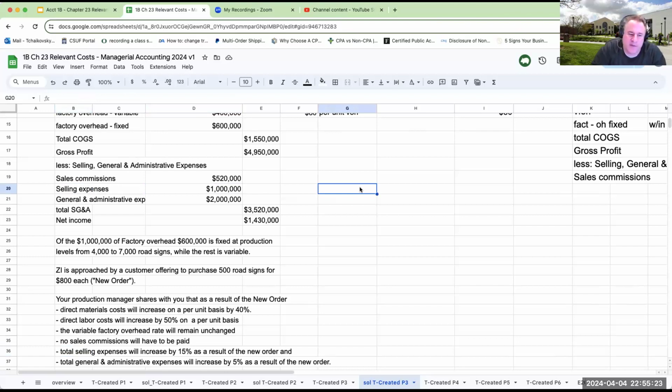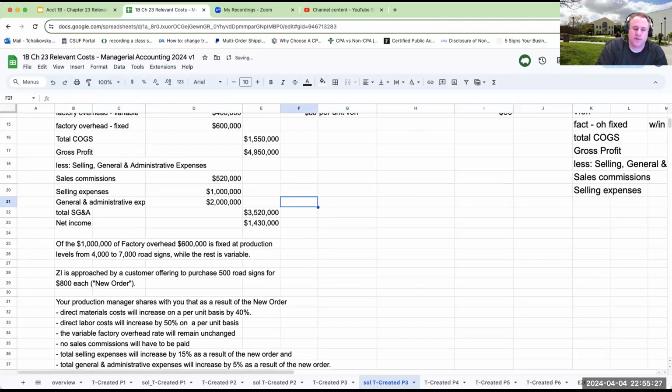So I can say $1 million times 15%, that's 150,000. So my total selling expenses are going to go from $1 million to $1,150,000, or a difference of 150,000.